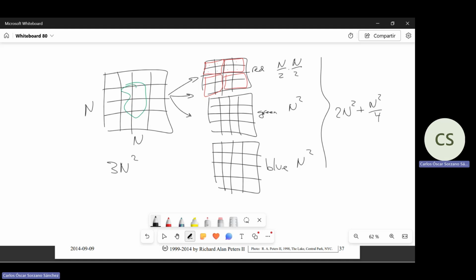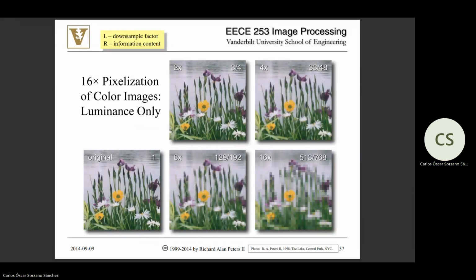So we will only pixelate the luminance channel. If we reduce by factor 2, it looks almost the same. By factor 4, we see a lot of problems. A factor 8, also a lot of problems. 16, a lot of problems.